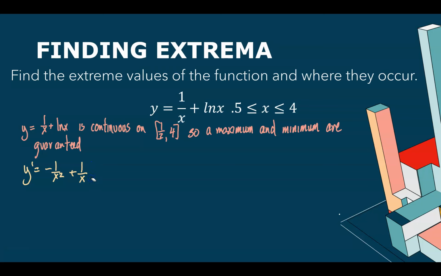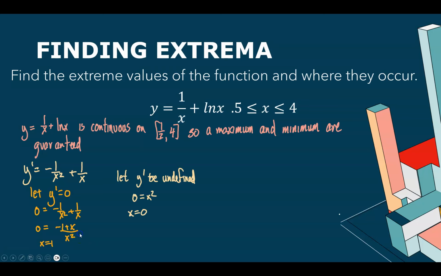And it'll just be really easy to see where that derivative is equal to 0. So notice down here, negative 1 plus x over x squared is equal to 0 when the numerator is equal to 0, when x equals 1. And y prime is going to be undefined when that denominator x squared is equal to 0.